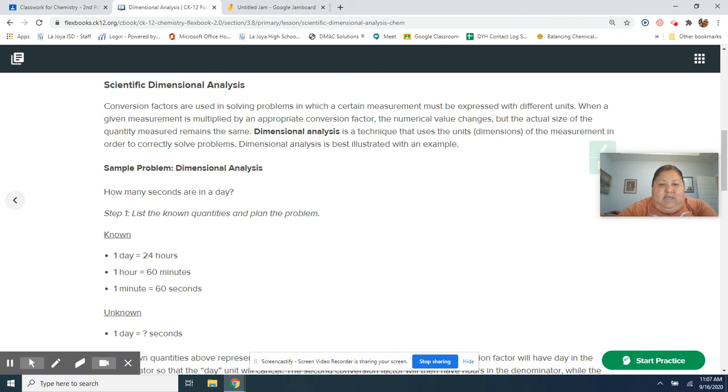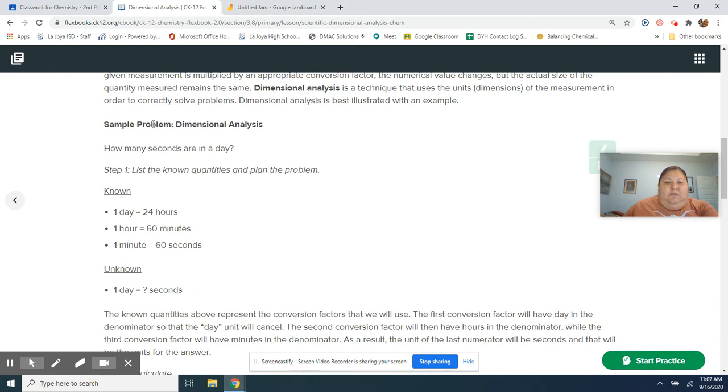Now it says that dimensional analysis is a technique that uses the units or dimensions of a measurement in order to correctly solve problems. And then they offer some advice. Dimensional analysis is best understood with an example, and they gave us an example. The sample problem for dimensional analysis is how many seconds are in a day.